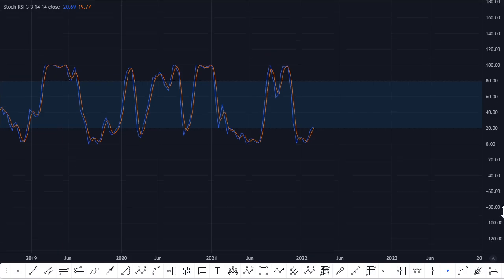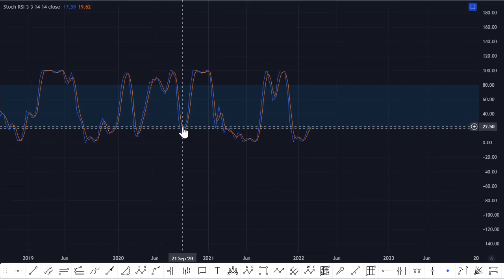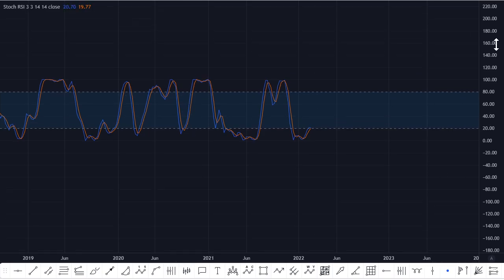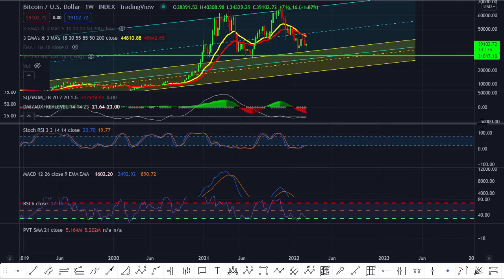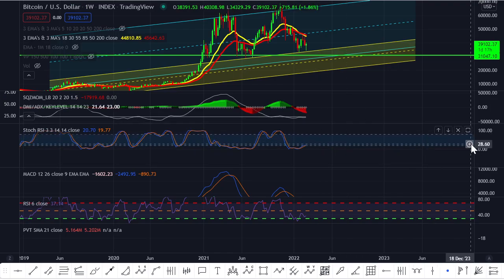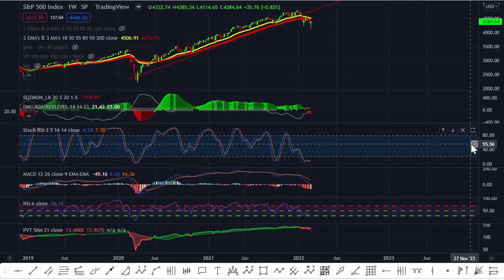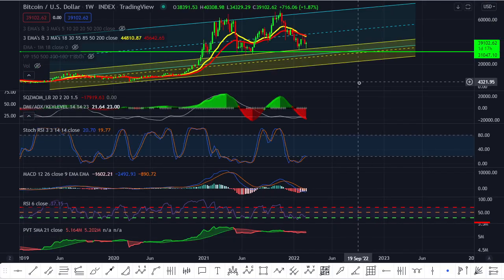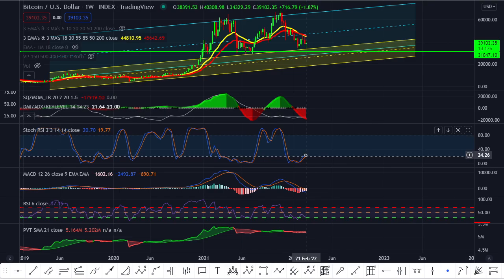So usually a cross comes in the form of this, where basically both signal line and stochastic line cross above 20, which gives you a rally to the upside on the weekly time frame. And it's very important because this cross will basically tell you that the general trend on the weekly is more bullish than bearish.